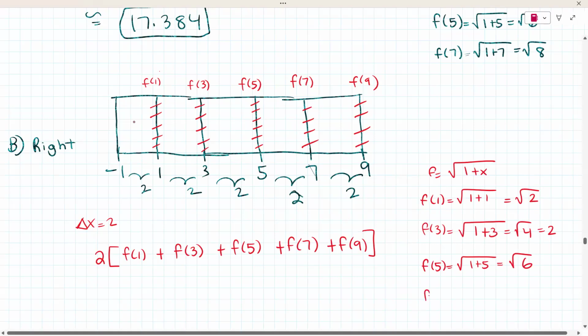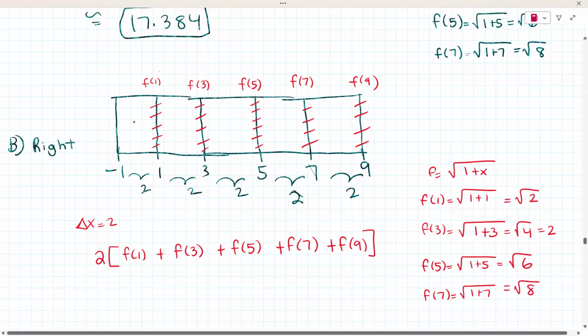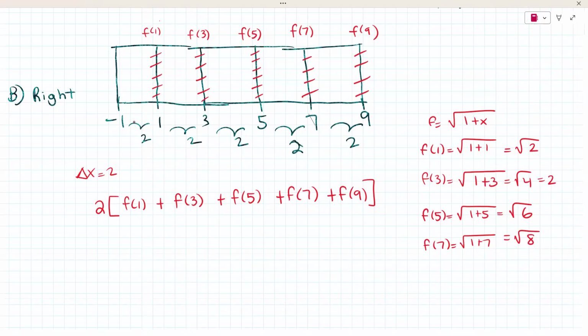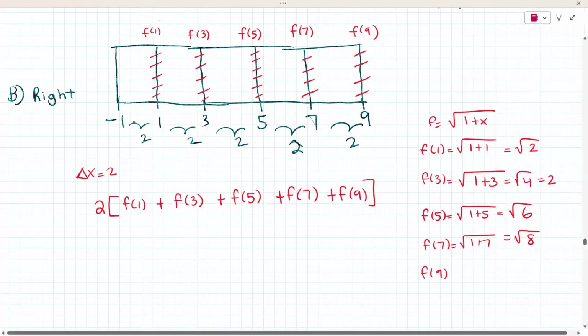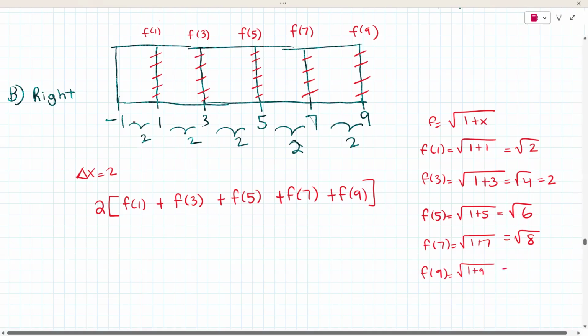And then f of 7, square root of 8. And then 9, just square root of 10.